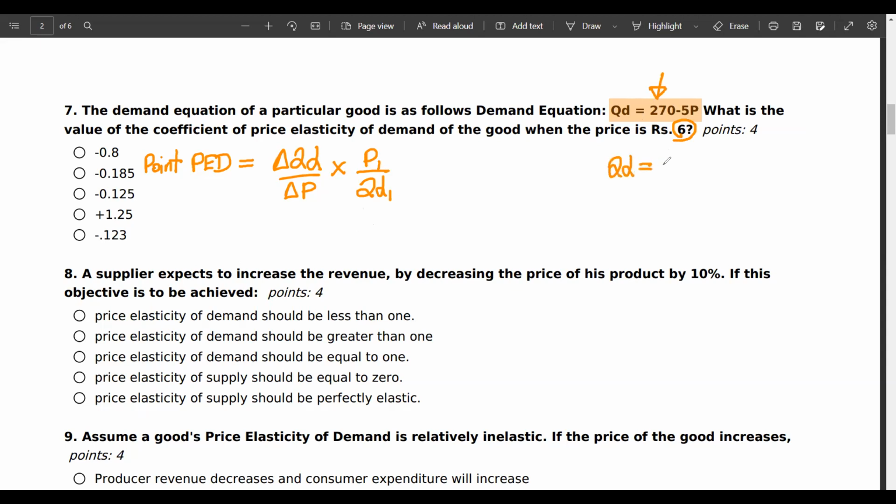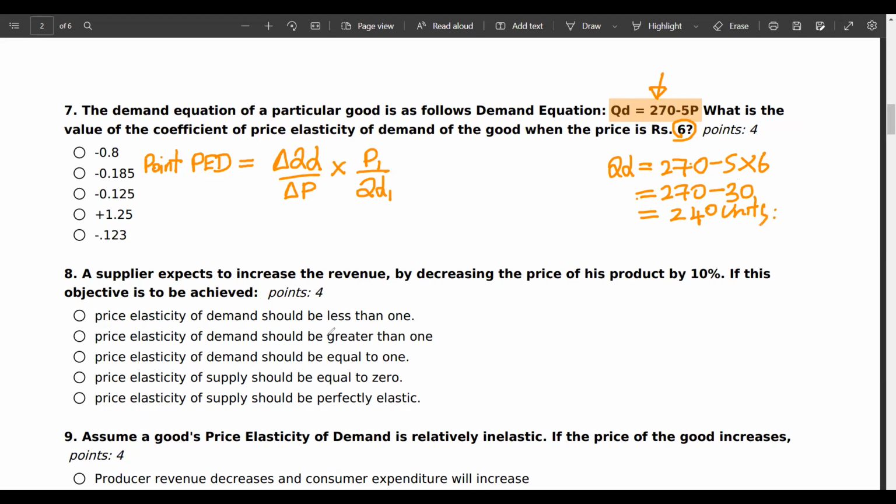QD equals 270 minus 5 into 6. So 270 minus 5 into 6 is how much? That's 30. That means 270 minus 30, the quantity demanded at ₹6 is 240 units.